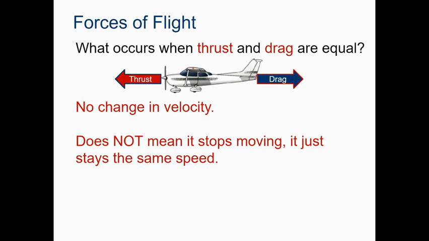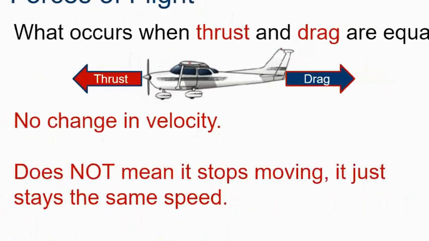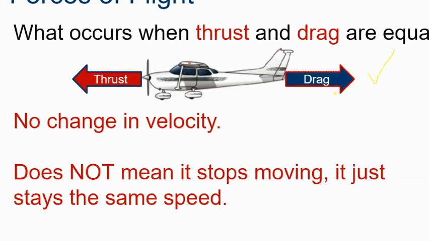Just like the car in cruise control, this aircraft will not be speeding up or slowing down. It'll stay the same speed, which is kind of nice. If you're inside of the aircraft, you don't want the aircraft to be constantly speeding up or slowing down. We really like it when thrust and drag are the same force, because when that happens, our aircraft doesn't change velocity. It just keeps staying the same speed.